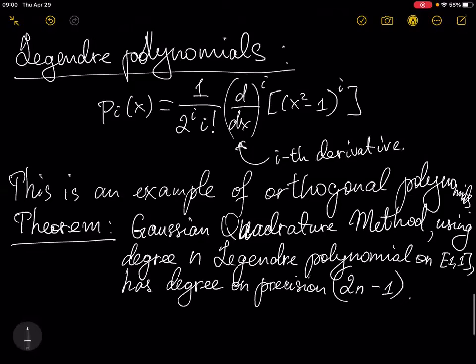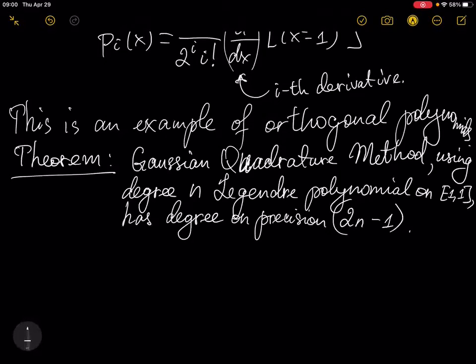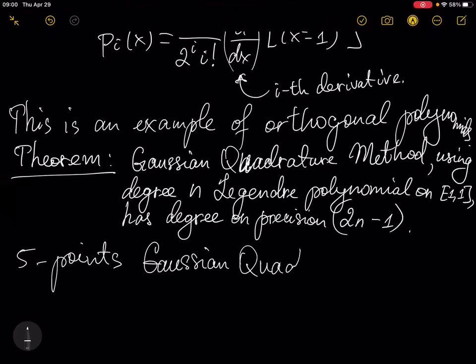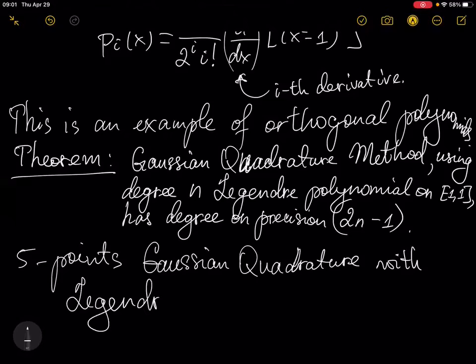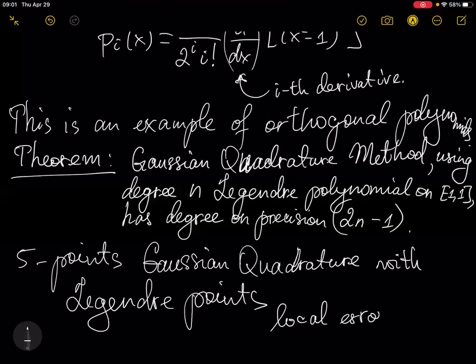Okay. In this case, for example, for the 5 points Gaussian rule with Legendre points, the local error is proportional to the length of the subinterval to the power 2 times 5 minus 1, which is h to the 9th.